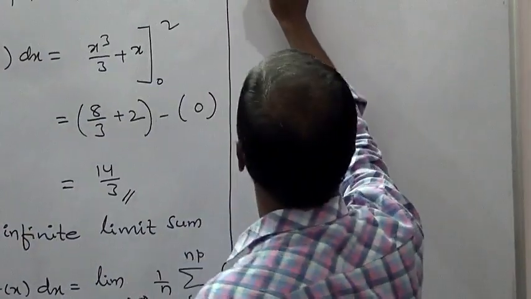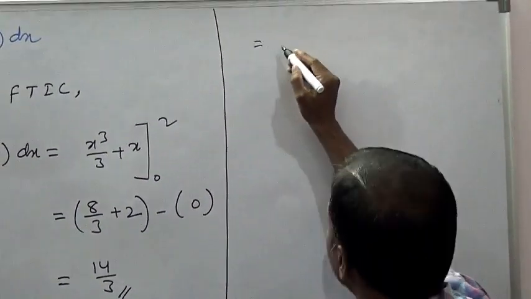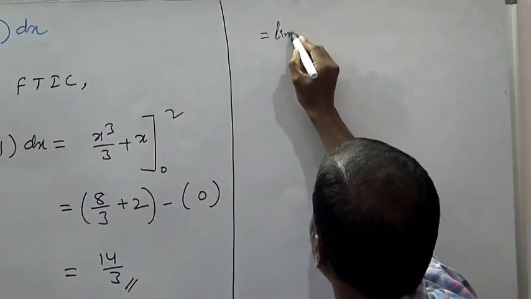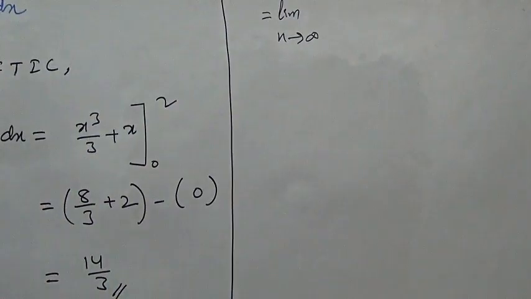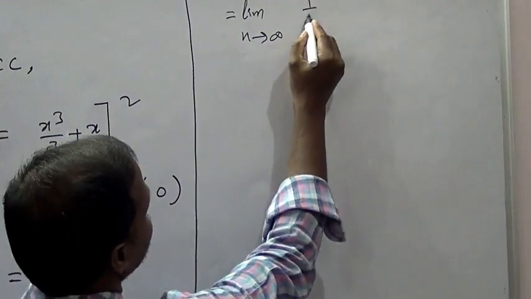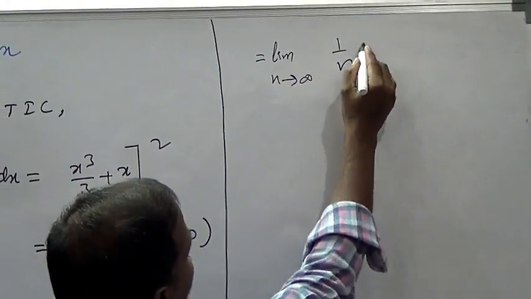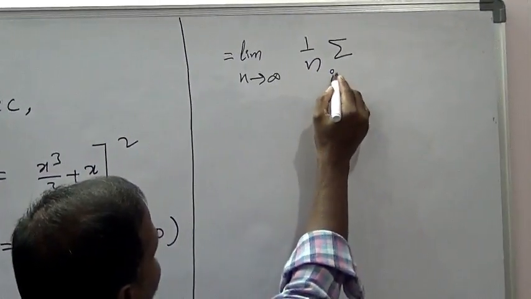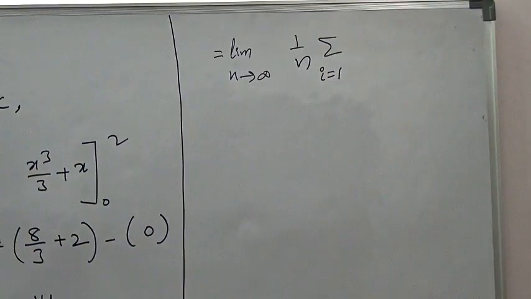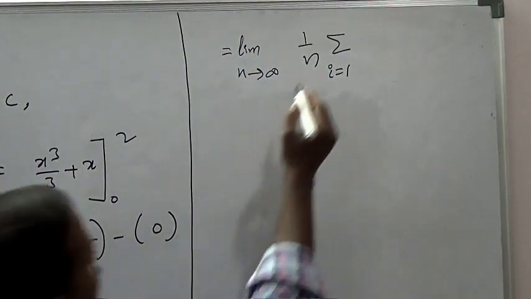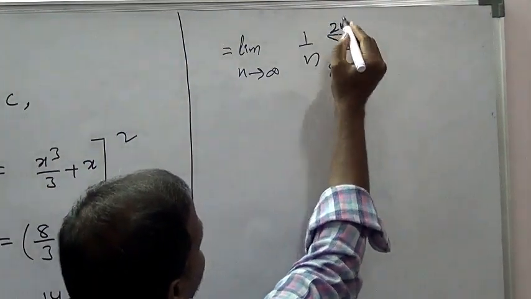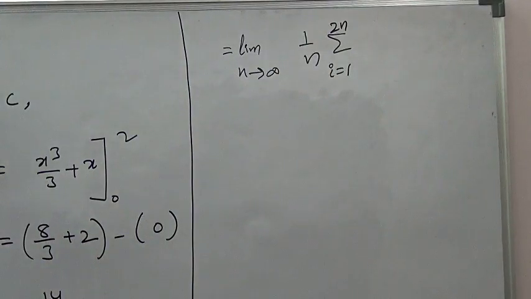So this is equal to the limit as n tends to infinity of 1 by n, summation from i equal to 1 to 2n, f of i by n.